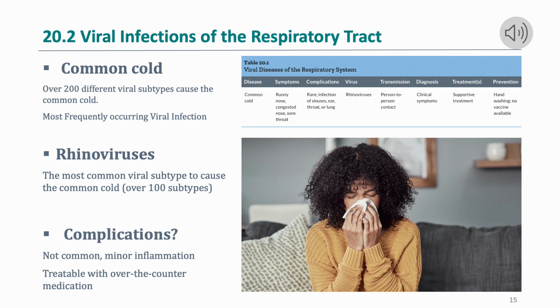Rhinoviruses are one of the most common viral subtypes to cause the common cold. There are over 100 subtypes of it.